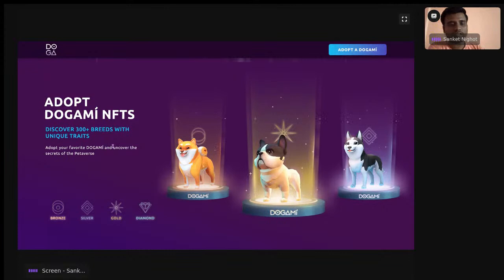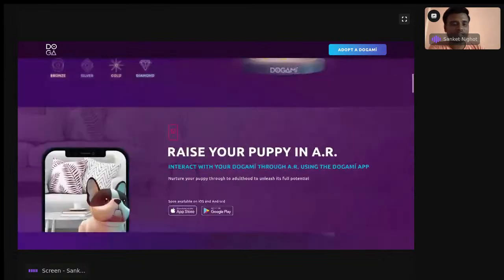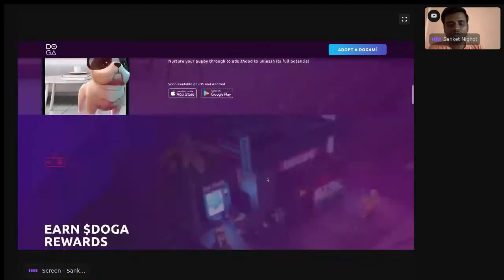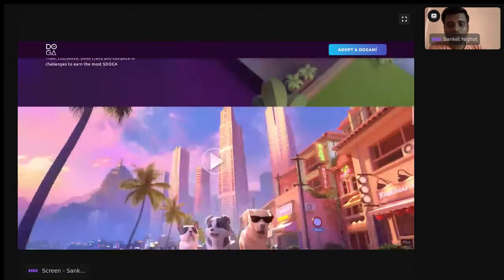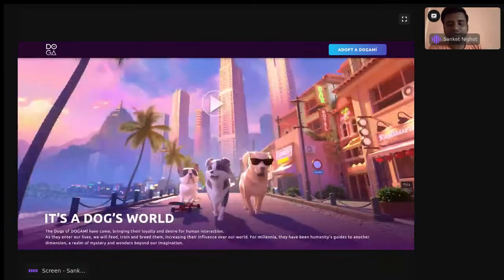There are around 300 plus breeds with unique traits, and you have to raise your puppy in AR. You can see here that they have a mobile app, and you can raise your puppy in AR using your mobile itself. You have to download the app, and you can use that pet in your world, called Doga's world or the Petaverse, as they say.